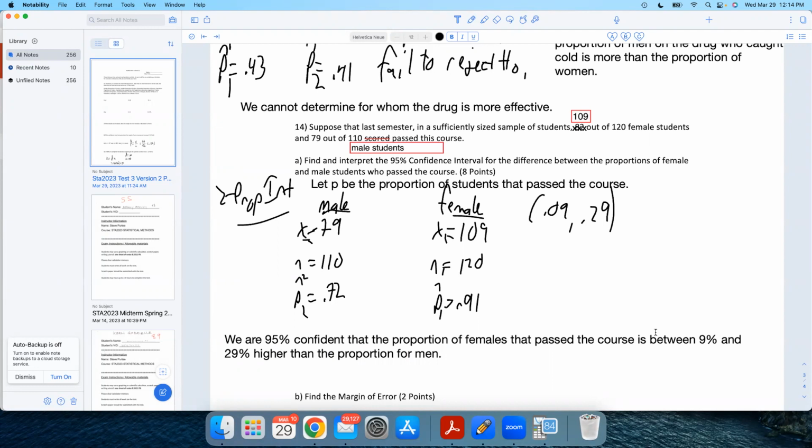So if there was a follow-up question, who does better in the class or who passes the class better, we're pretty darn sure it's the girls. By at least 9%, maybe up to almost 30%.